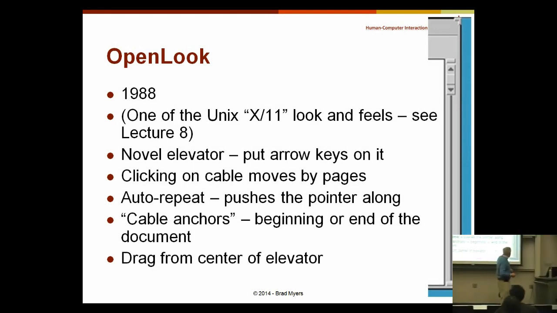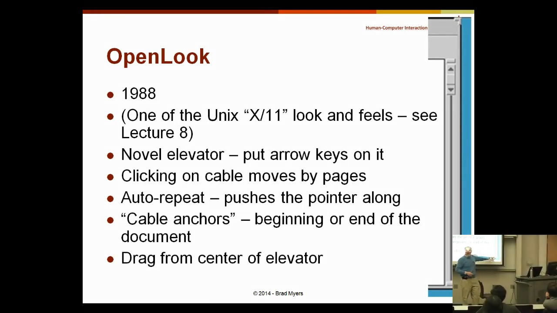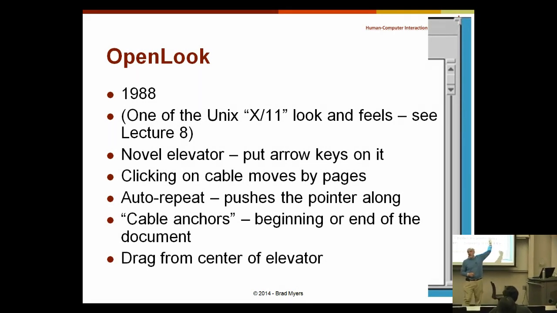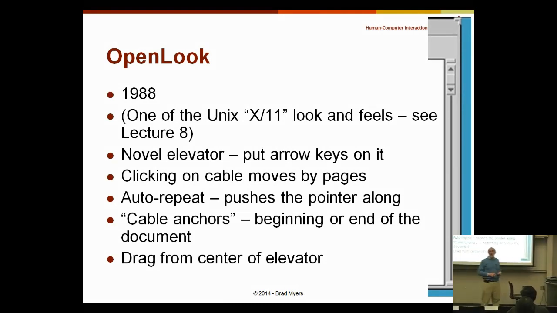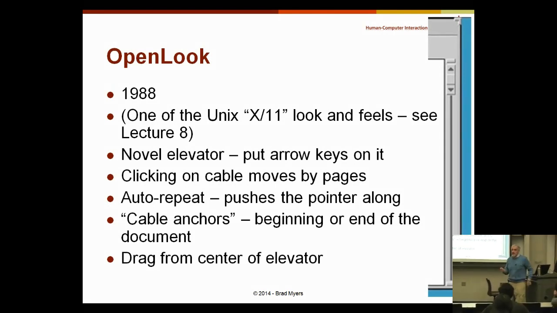On this one, they had what's called an affordance, a thing you can click on to get to the ends. And the arrows, instead of being at the ends of the scroll bar, are attached to the thumb. So it's kind of like the buttons in an elevator, which are inside the elevator.